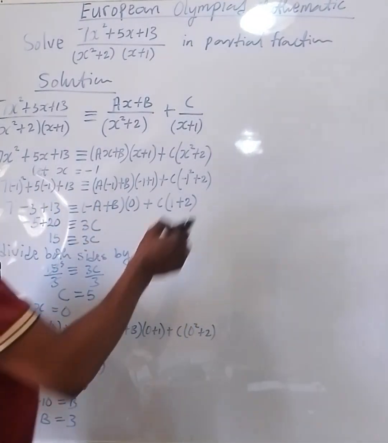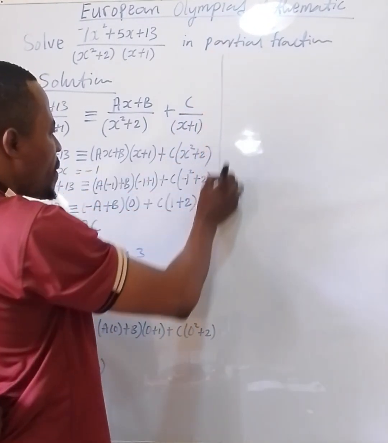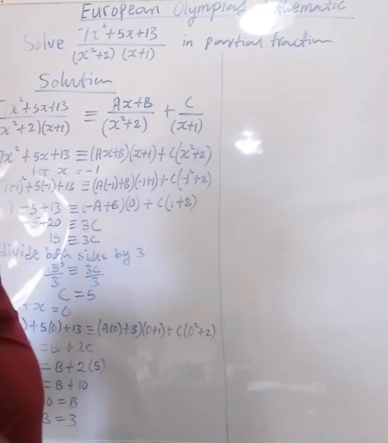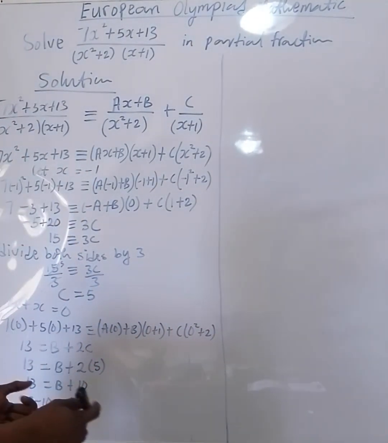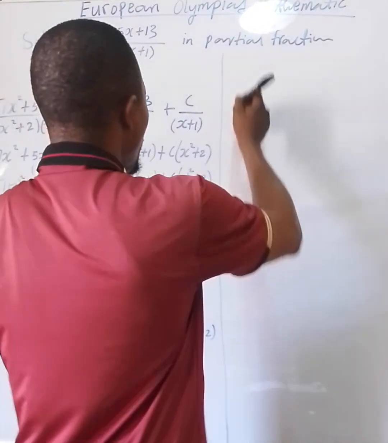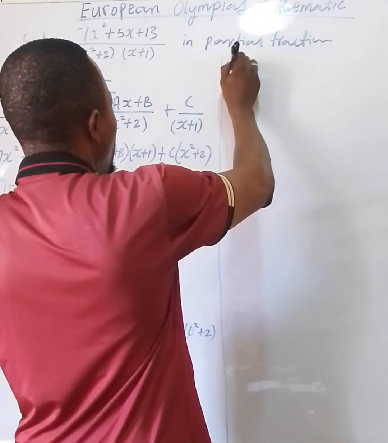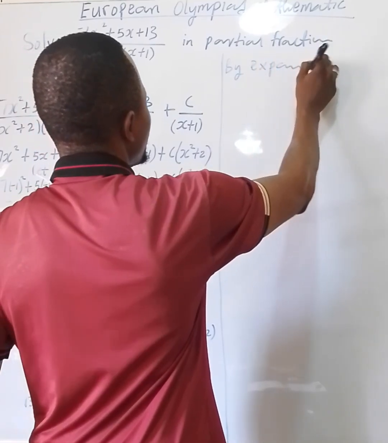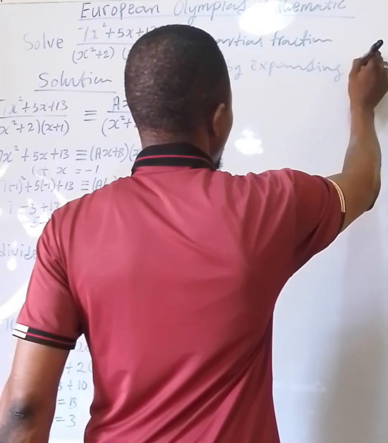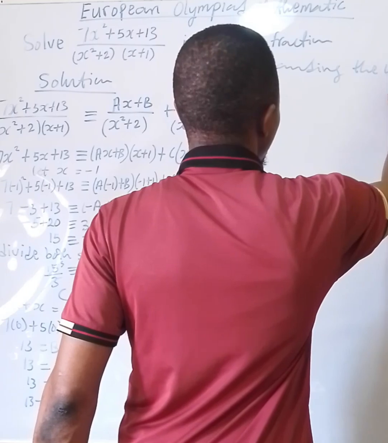Okay? Now that we have gotten our b to be equal to 3, and also c, the next thing is we are going to solve for a. So now, by solving for a, we use expanding the identity.